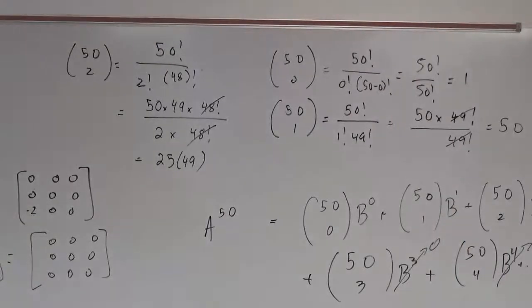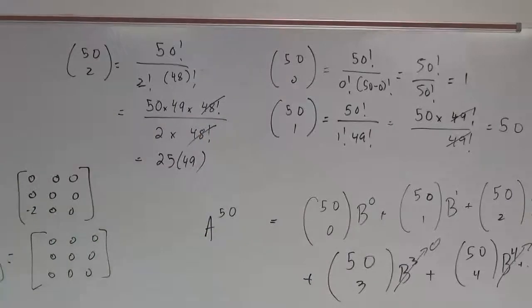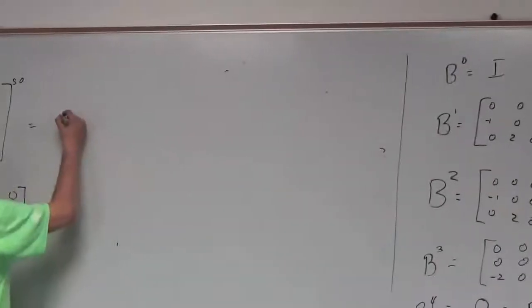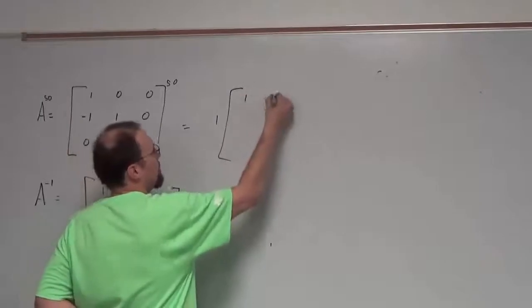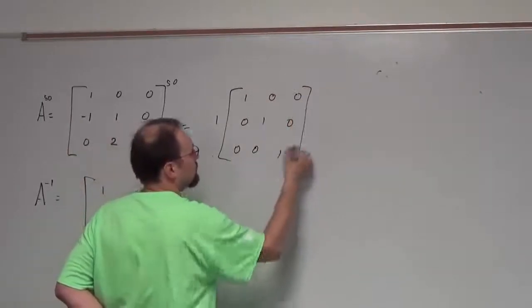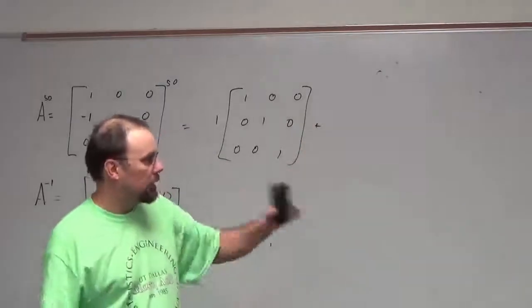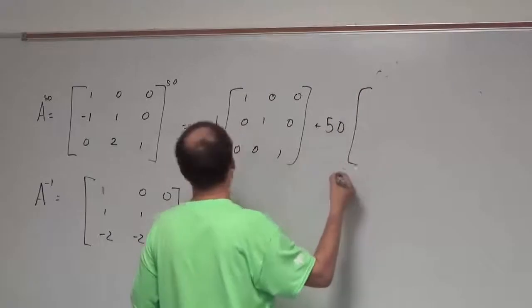Okay. So a to the power of 50: the first term is 50 choose 0, so 1 times the identity, that's b to the 0. Plus 50 choose 1, it's 50 times b.